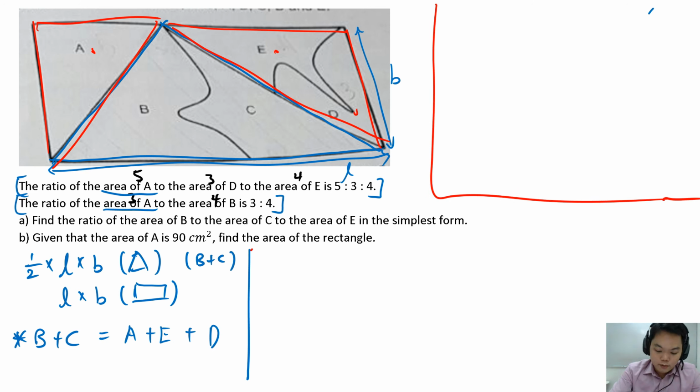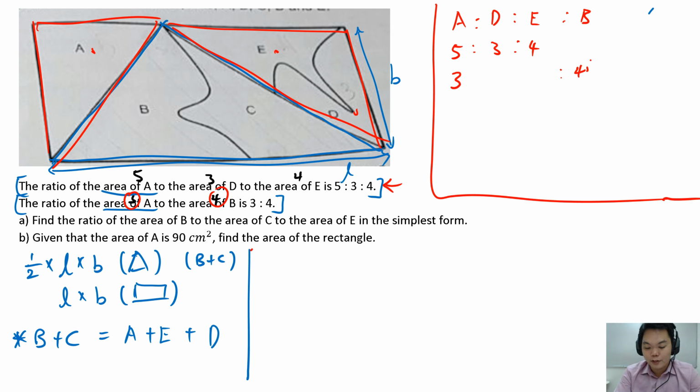Between A to D to E, we know that this ratio is 5:3:4, and also when we compare A with B, so let's input a B here, that ratio is 3:4. This is a different proportion, so we have to use a separate line.